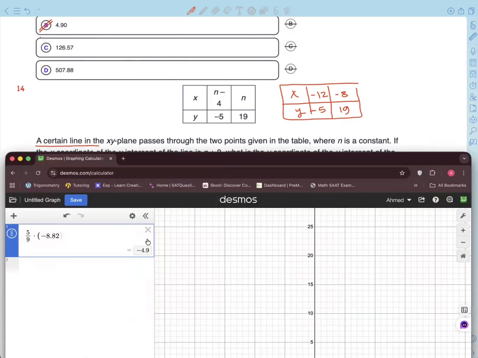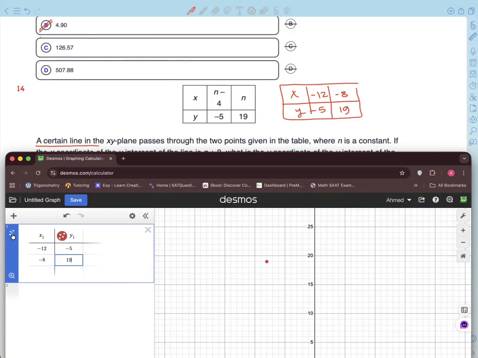Press plus, then table, and write the values. We have negative 12 and negative 5, the corresponding value in y, and then negative 8 and 19.